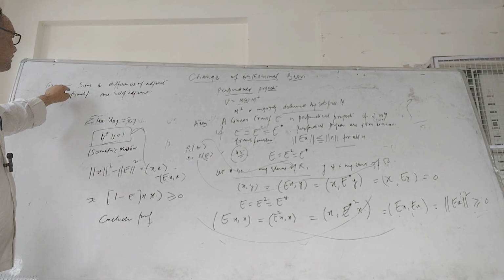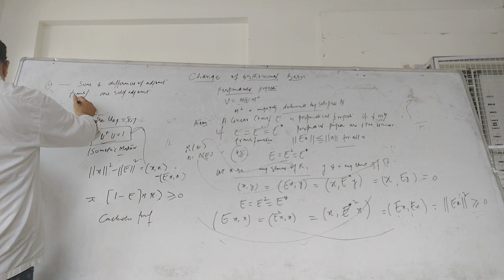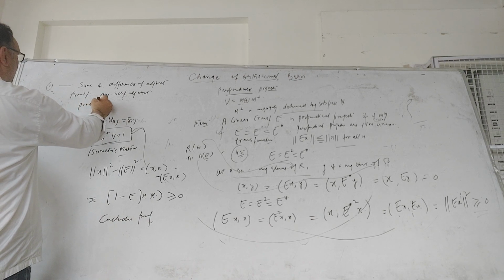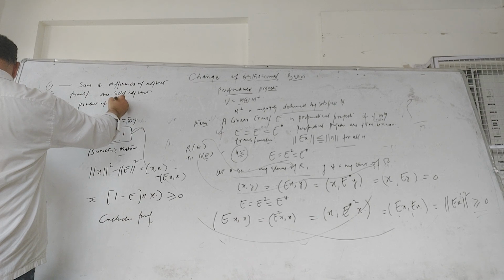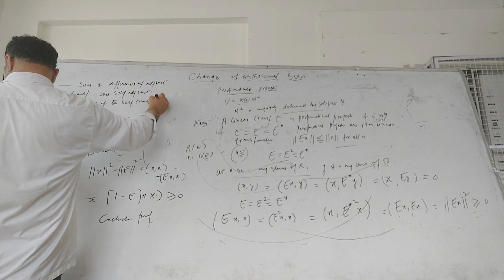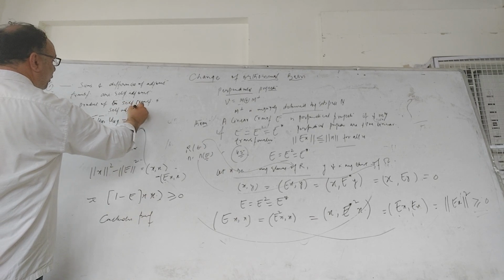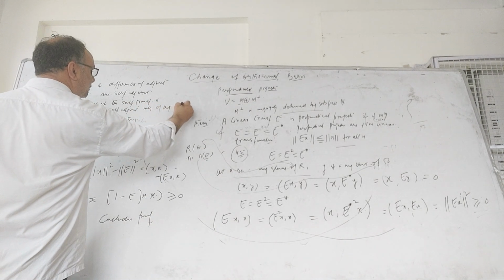So they are adjoint, but the product of two self-adjoint transformations is self-adjoint only if they commute.